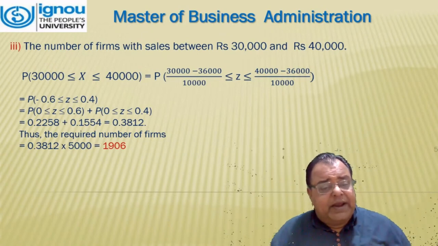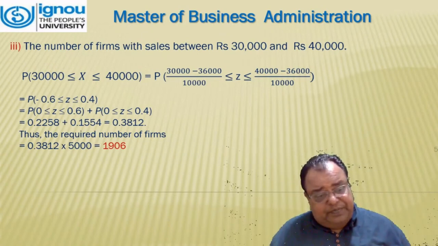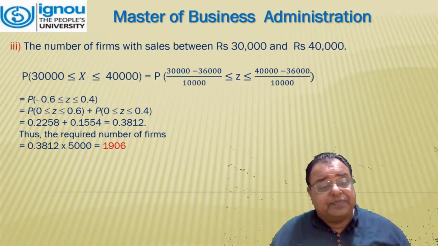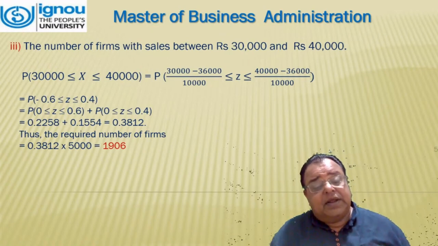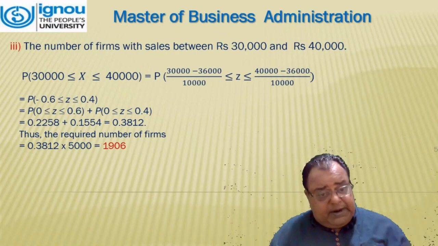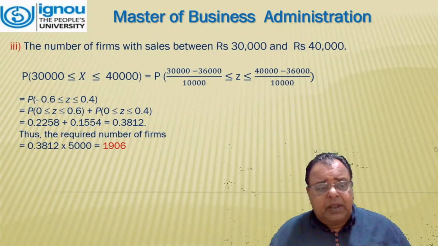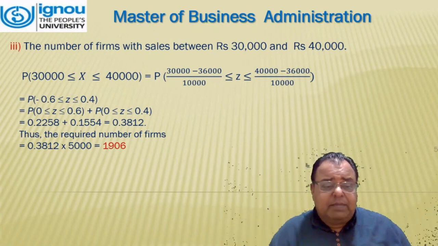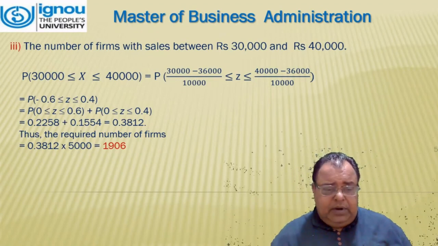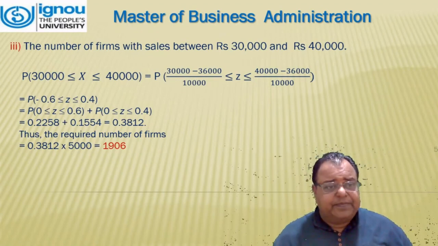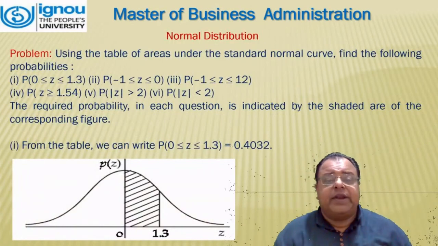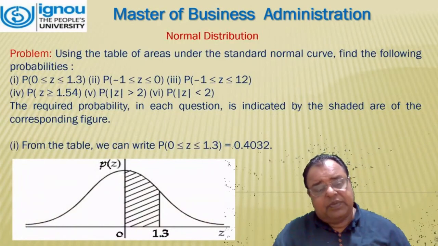Adding up we get 0.3818. Therefore, the required number of term firms between the sales of 30,000 and 40,000 will be found by multiplying the probability we have found by 5,000. We get 1,906.